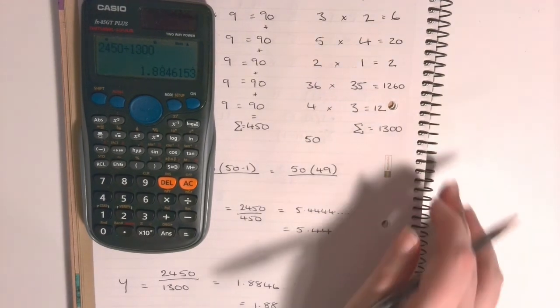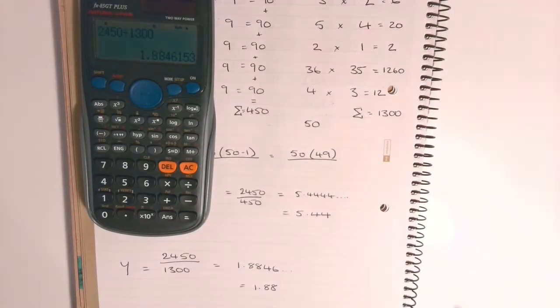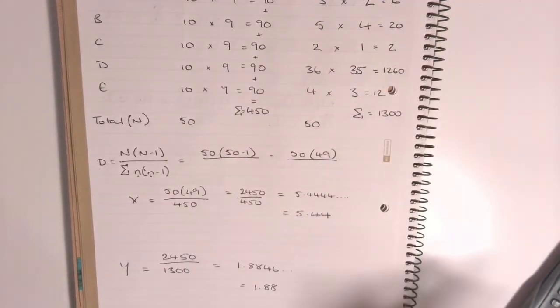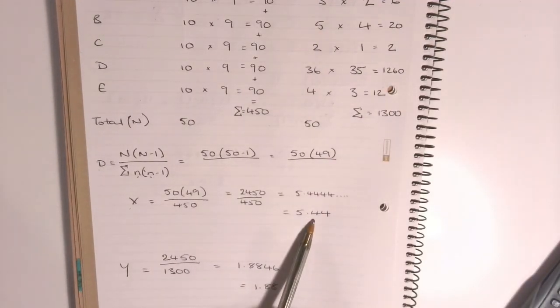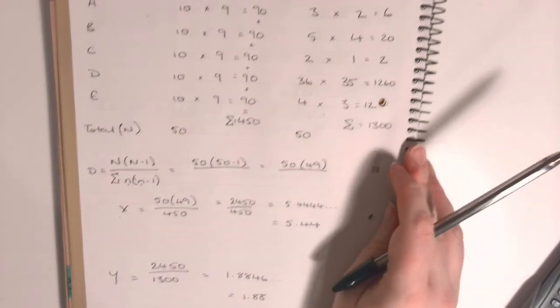Yeah. So we've got two numbers now, so we can compare habitat X and habitat Y. Habitat X is a number that's much further away from 1 than our answer for Y, which is much closer to 1. So X is the more biodiverse habitat.